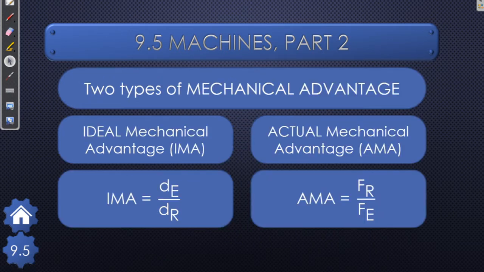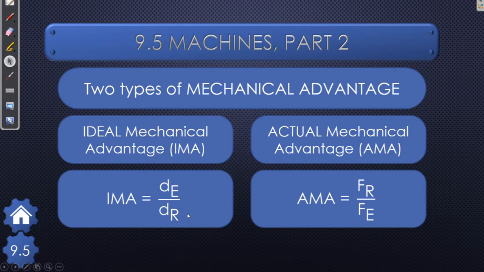When we calculate the mechanical advantage of a machine, we can either talk about the ideal mechanical advantage or the actual mechanical advantage. If we say something is ideal, that means it's perfect. It's exactly the maximum amount that it could be. The ideal mechanical advantage is equal to the effort distance divided by the resistance distance.